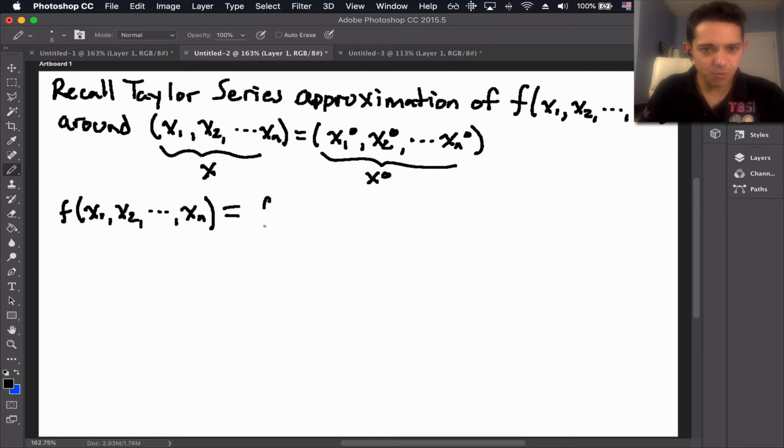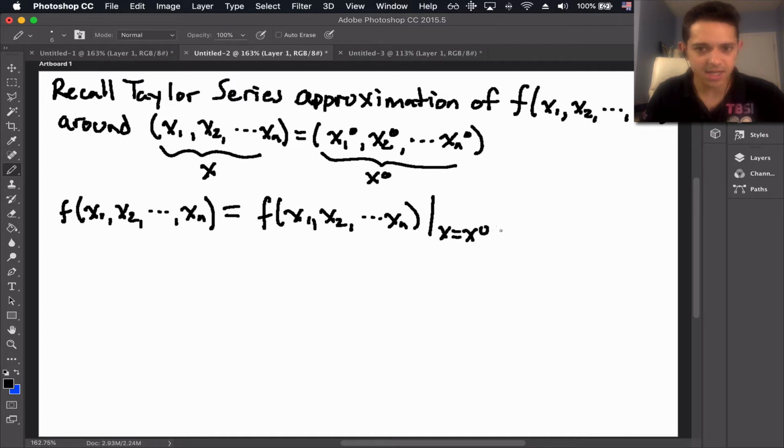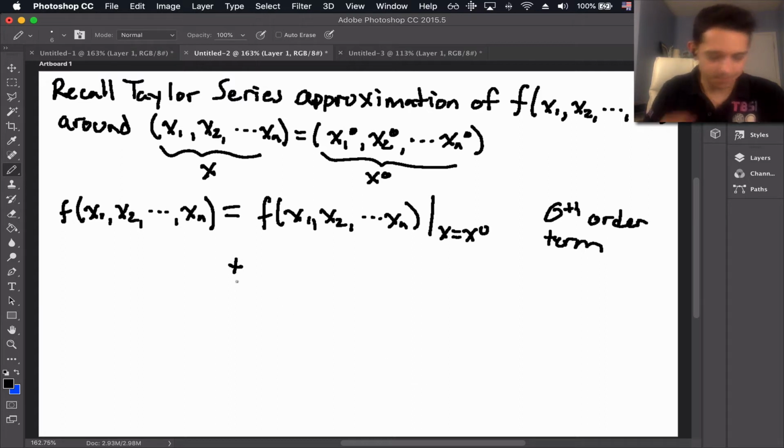So first, if we're approximating f around x1 all the way to xn equal to x naught, then the first term here is actually going to be the 0th order approximation, which is to just take this function and evaluate it at x equals x naught. Okay? And it turns out that that's going to be the 0th order term of our Taylor series approximation, and we have more terms.